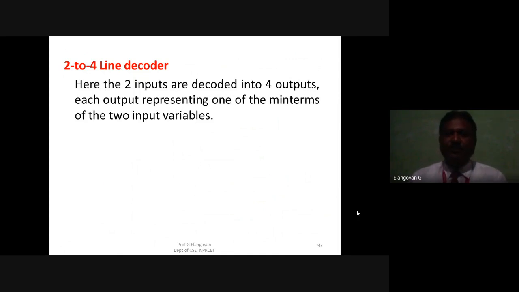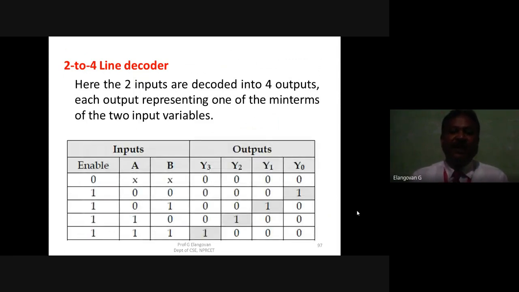So there are 2 inputs and 4 outputs, and each output represents a minterm of the 2 input variable form. If the enable is 0, nothing is going to be valid. If enable is high, depending on the input value, the particular output is going to be high. If both are 0, Y0 is going to be active high.